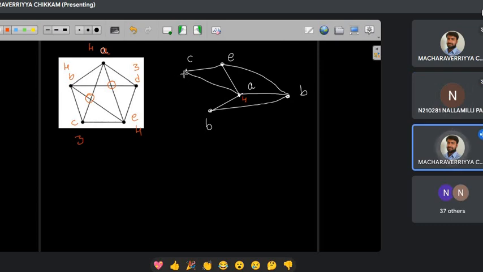C is adjacent to A. C is adjacent to B. Fine. So let me connect it like this. Okay, so I established the connection like this.